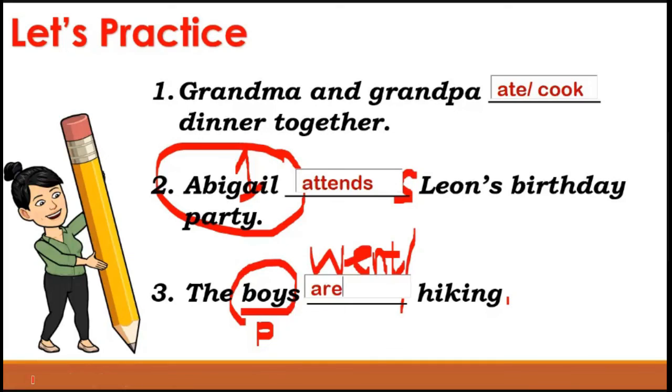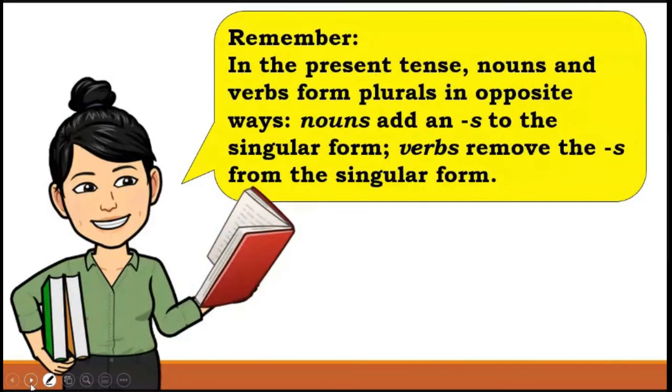Okay, next. Let us remember that in the present tense, nouns and verbs form plurals in opposite ways. Nouns add an S to the singular form and verbs remove the S from the singular form. So ito yung sinasabi kong baliktad.